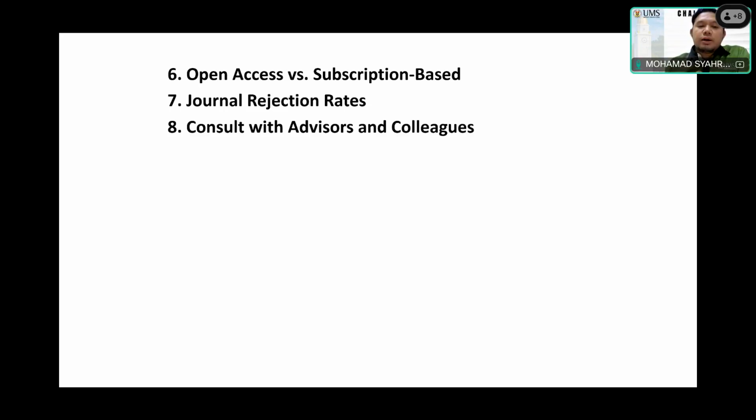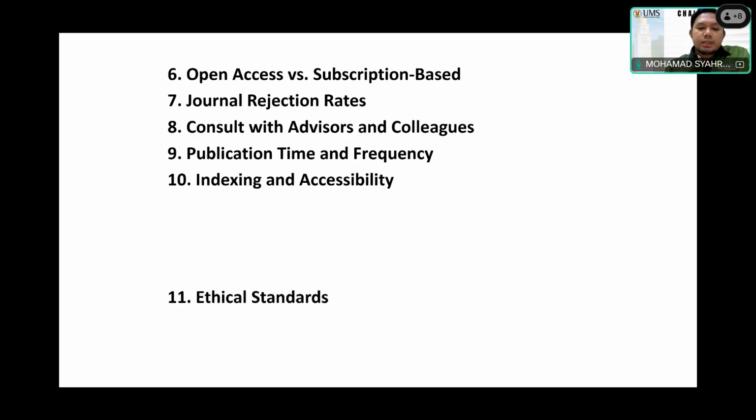Maybe your supervisor has certain journals that are realistic and practical for you within your timeline, your master's journey. Yes, publication time and frequency, indexing and accessibility, ethical standards.